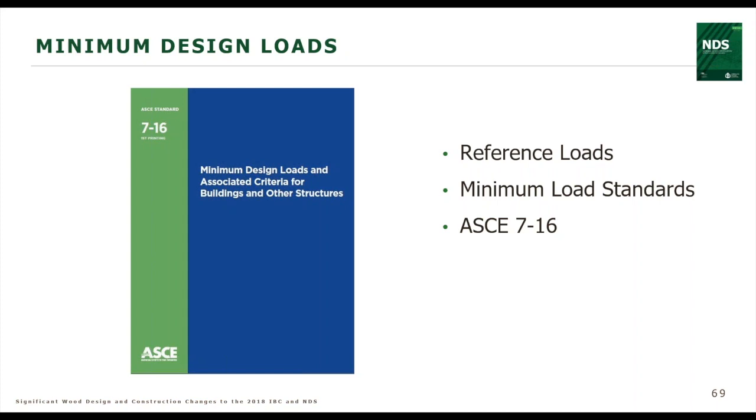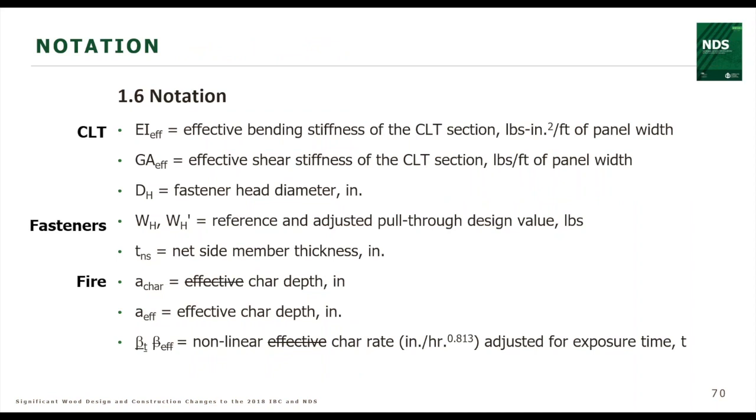So the update to ASCE 7-16 is tied into the addition of these new roof sheathing ring shank fasteners. Also in Chapter 1 is the notation, so all of our variables and things like that.